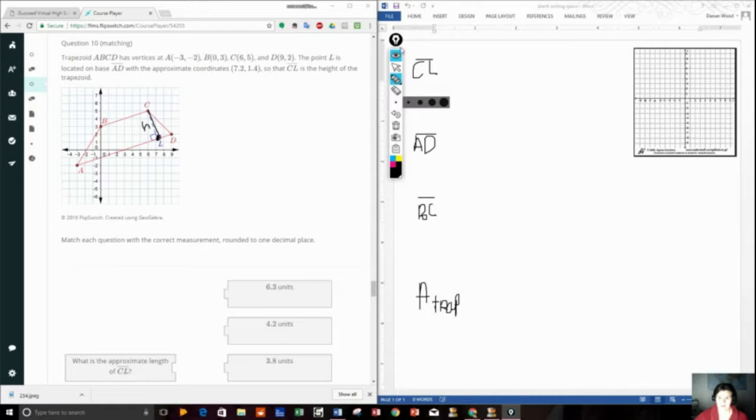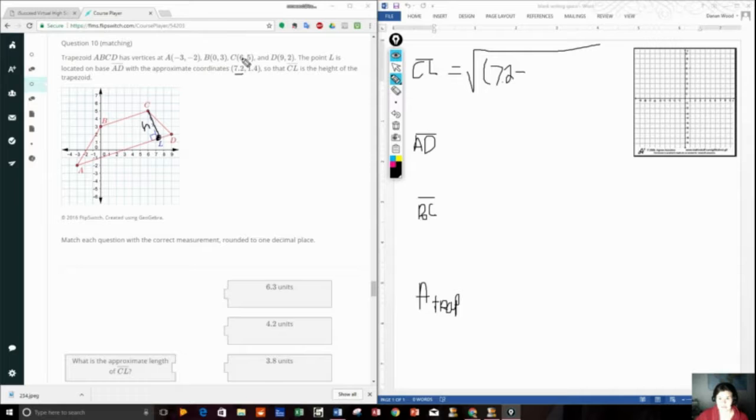So let's go through and find the distance for CL. Now the distance of CL is going to be the horizontal distance, and since L has approximate coordinates, I'm going to find the distance algebraically. I'm not going to count it out. So we're going to find our horizontal distance from C to L. I'm going to start with L's x coordinate, 7.2.